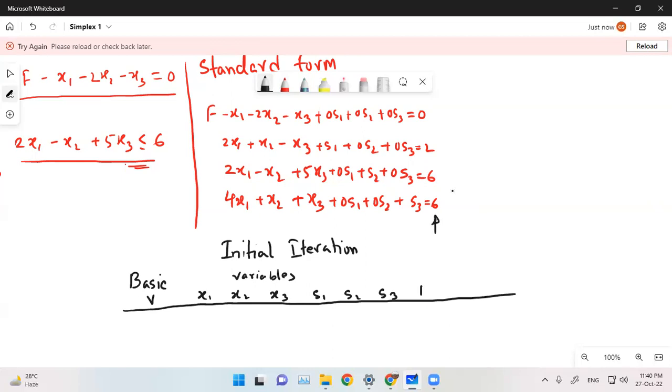And then we'll have a ratio, which is known as the ratio of right-hand side values to the key column values. So what are those? Don't worry. Let us proceed, then we'll easily understand.